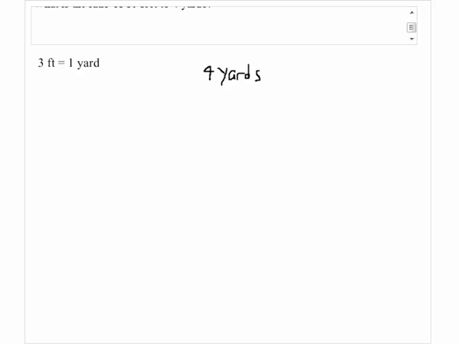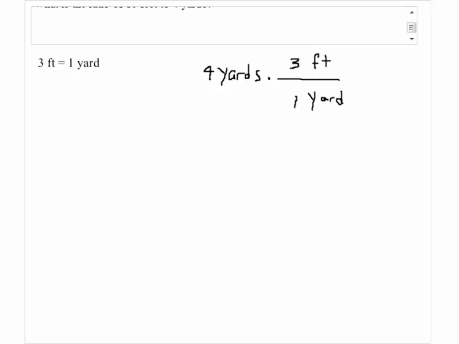Let's convert that to feet. To do that, we have to write a fraction. At the bottom of the fraction, we put the yard, and at the top of the fraction, we want to write feet. And look at our conversion: 1 yard is equal to 3 feet.